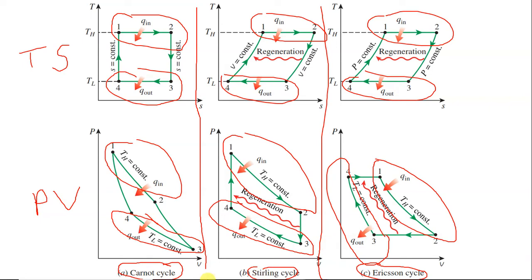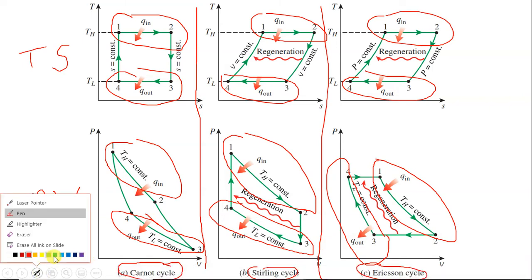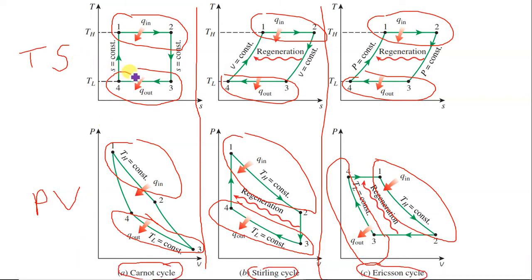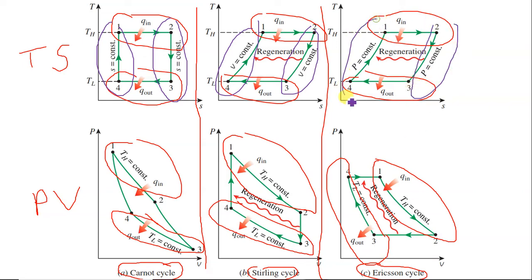Where is the difference? Observe the difference. In the Carnot cycle, these processes are isentropic, whereas in the Stirling cycle, these are constant volume, and if you consider the Ericsson cycle, we have constant pressure. So here we can find certain differences between the Carnot cycle, Stirling cycle and Ericsson cycle.